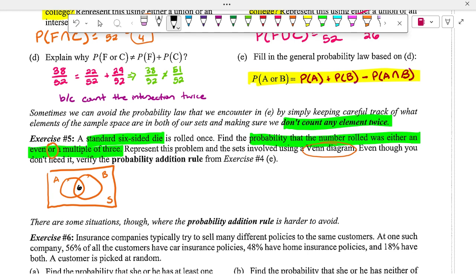So what numbers are left on the 6-sided die besides 6 that are still even? 2 and 4. What about the numbers that are divisible by 3 besides 6? 3. What numbers were not included? 1 and 5. So those stay in the sample space, but they're not part of our union.